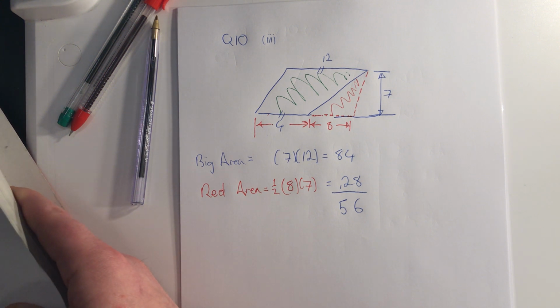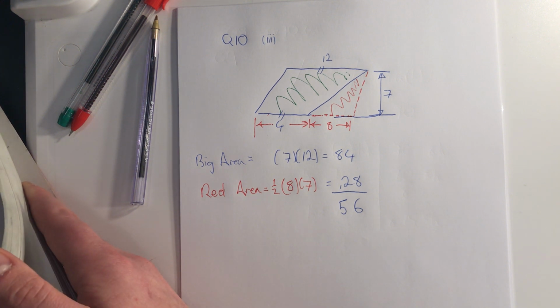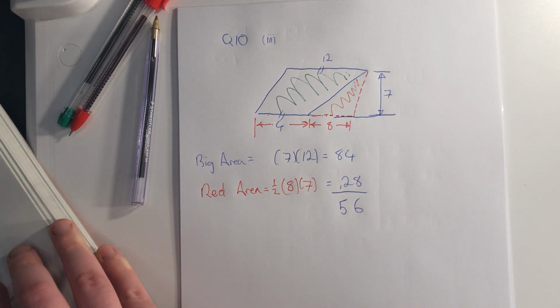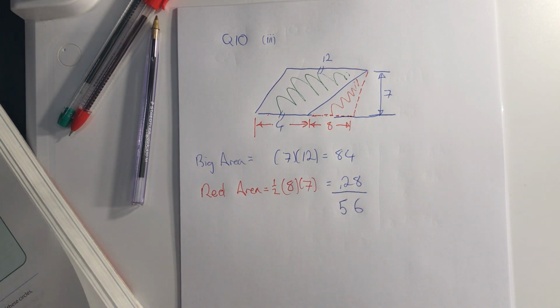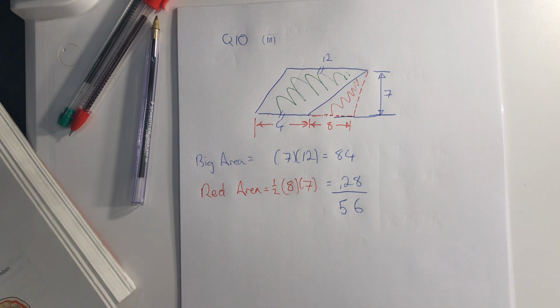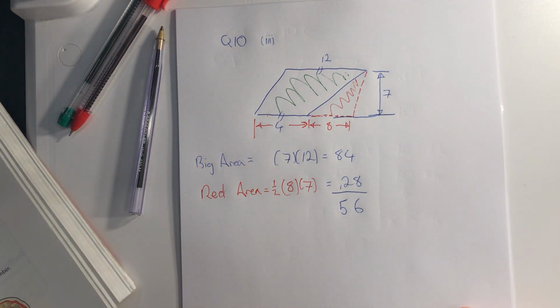So I want to start looking at the questions on the circle, and these start on page 240. Okay, so I'm going to do question 4 now.